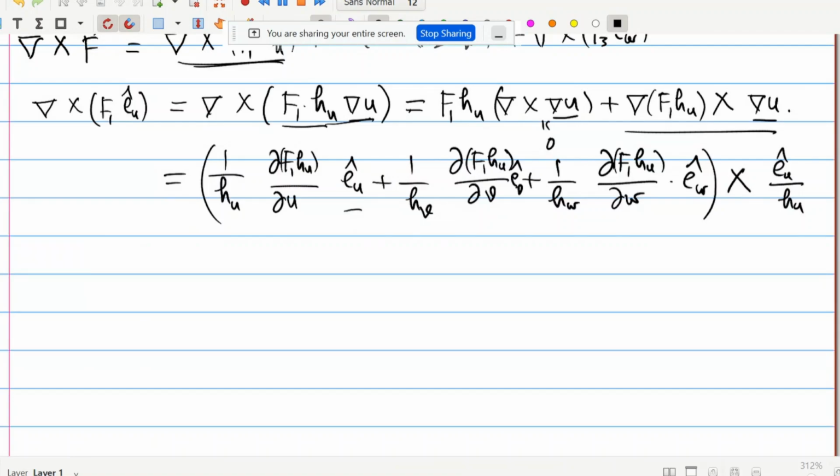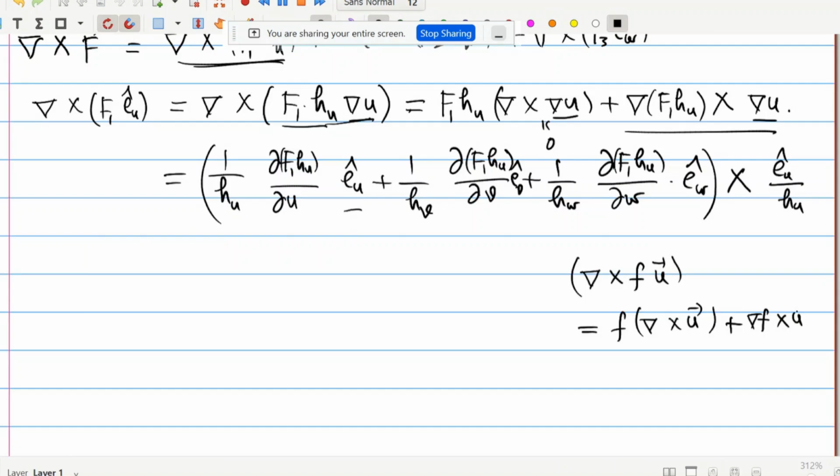See what happened here is, you generally write the gradient of a scalar F cross some vector field, let us say u bar. This formula is F into del cross u plus gradient of F cross u.